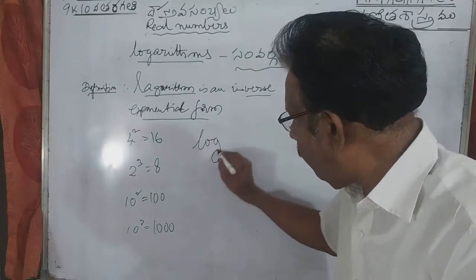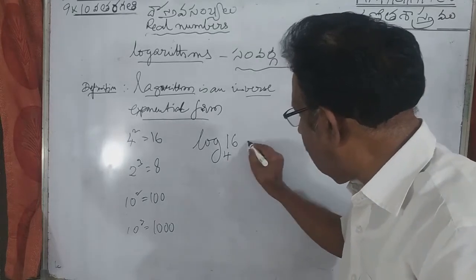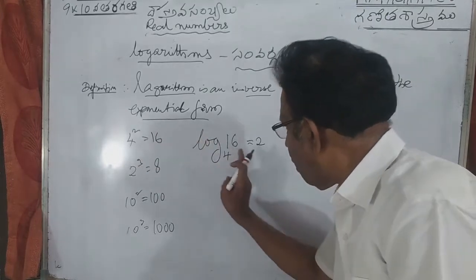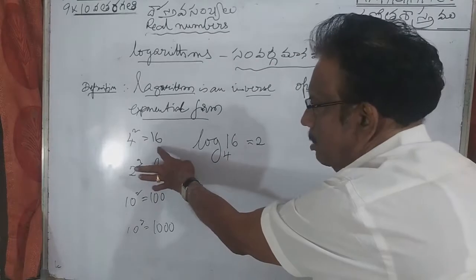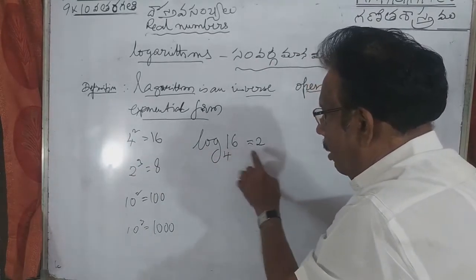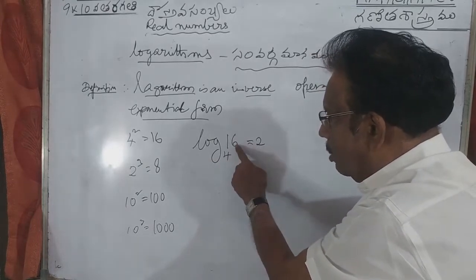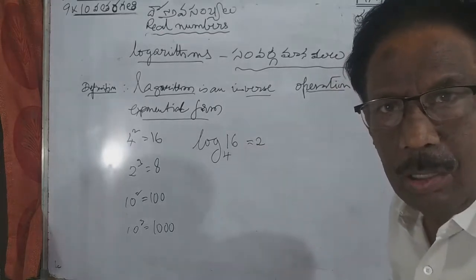Logarithm of 16 to base 4 is equal to 2. See, this is the exponential form, this is the logarithmic form. Here 16 is equal to 4 square, and the power is what we expect in logarithm of 16 to base 4 is equal to 2.